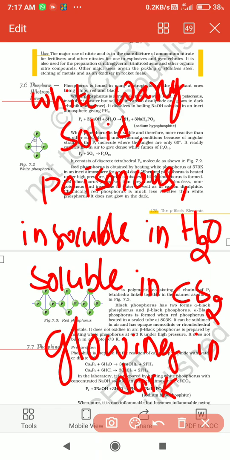Let me recapitulate these points once again. White phosphorus is a white waxy solid and is poisonous.